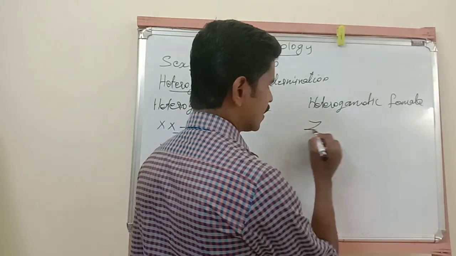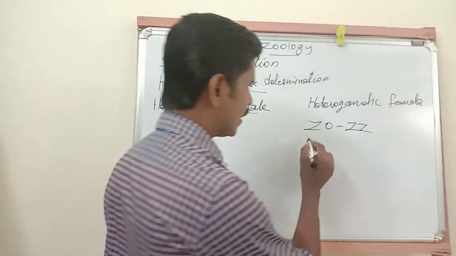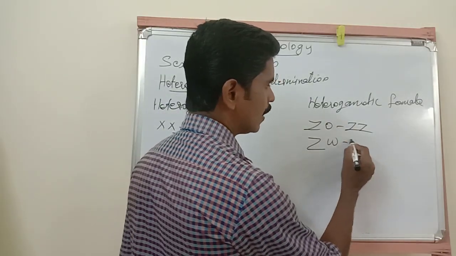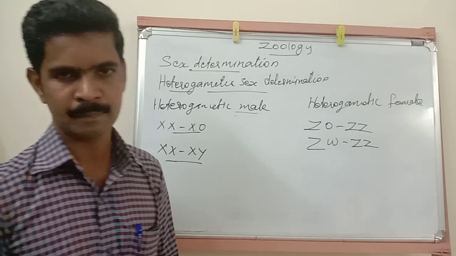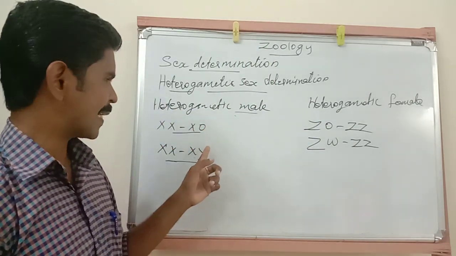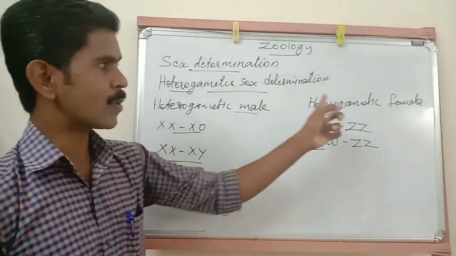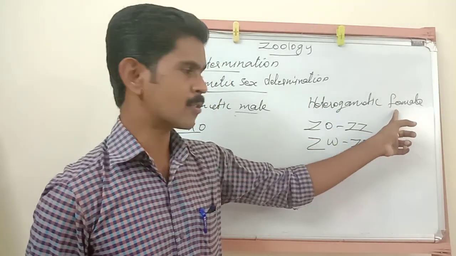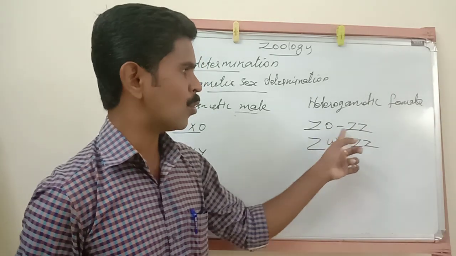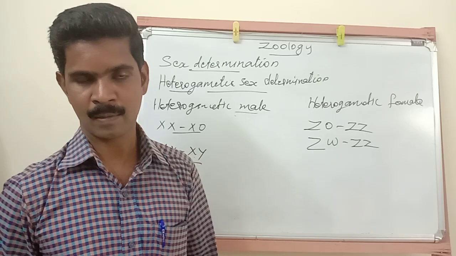One is ZO, ZZ type. The next one is ZW, ZZ type. Understand? So in heterogametic male, two types of sex determination: one is XX, XO and XX, XY. In heterogametic female sex determination also two types: one is ZO, ZZ and ZW, ZZ. Understand?